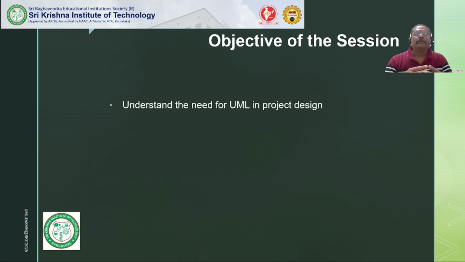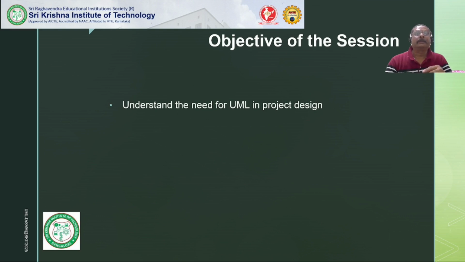But what goes wrong is the proper ideas, the proper planning. If we don't have a proper plan, it's definitely going to fail. So we need some guidelines to create that proper plan, and one of the guidelines is UML diagrams.